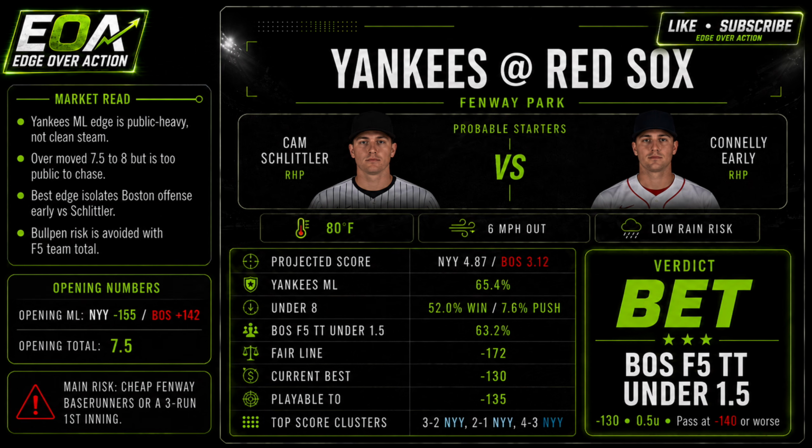A 3-run first inning kills the first bet, but this bet avoids the Yankees' public money line, avoids chasing the public over, and avoids bullpen chaos because it is just the first 5. So the final decision, we're gonna bet, baby. Red Sox first 5 team total under 1.5 at minus 130 or better. We're gonna use a half a unit size.